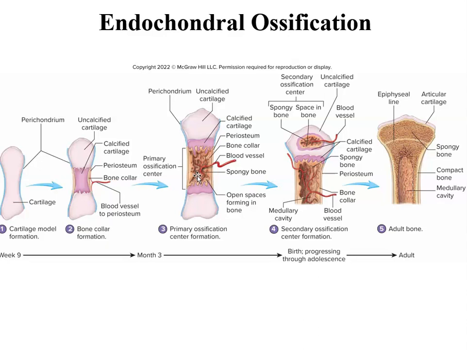Osteoclasts break down the calcified cartilage. Osteoblasts lay down trabeculae of spongy bone tissue. Ossification continues towards each end, towards each epiphysis. And as that is occurring, we'll see a blood vessel penetrate here, just what we see over here, but also the other end. Same thing is occurring over here.